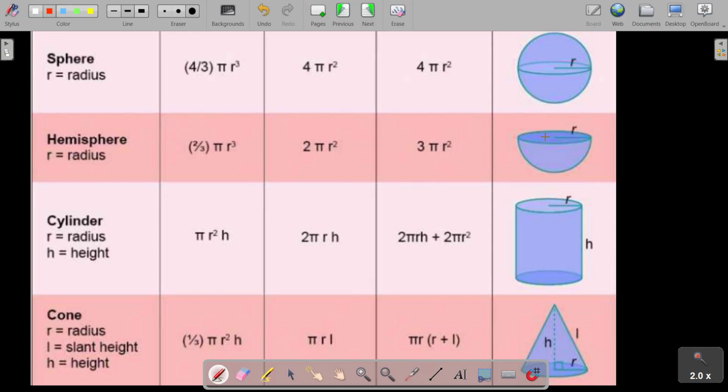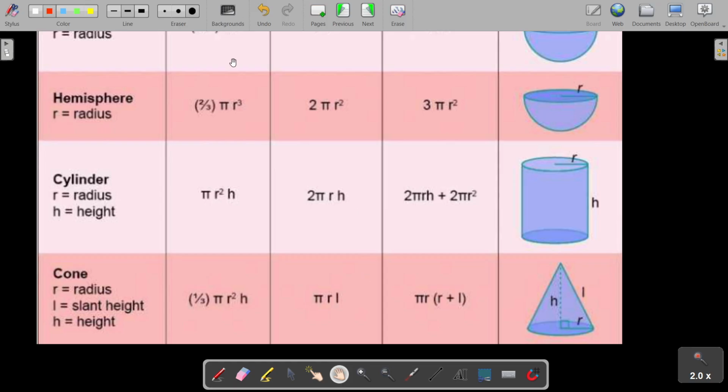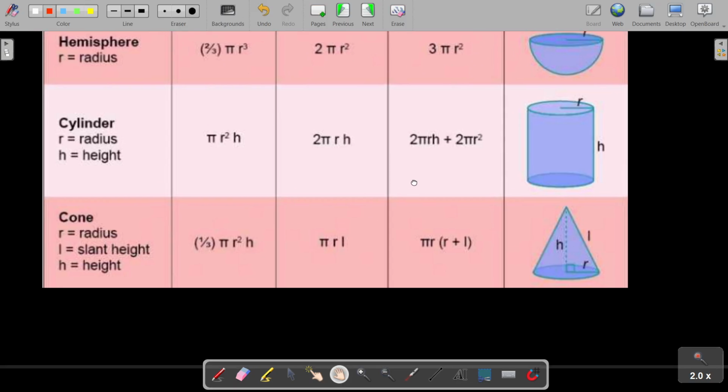So it is basically a circular plate. For a circular plate with radius r, the area is pi r squared. If we add the 2 pi r squared, it becomes 3 pi r squared. This is for the hemisphere.